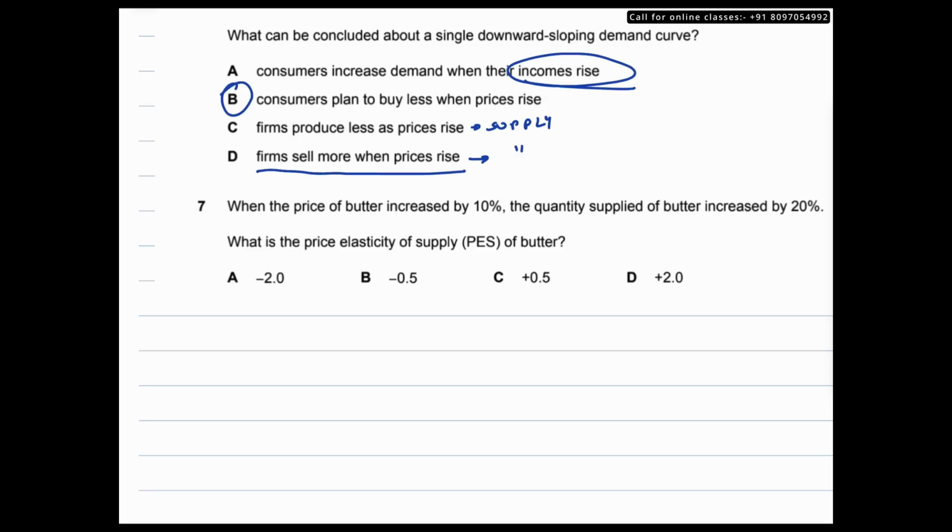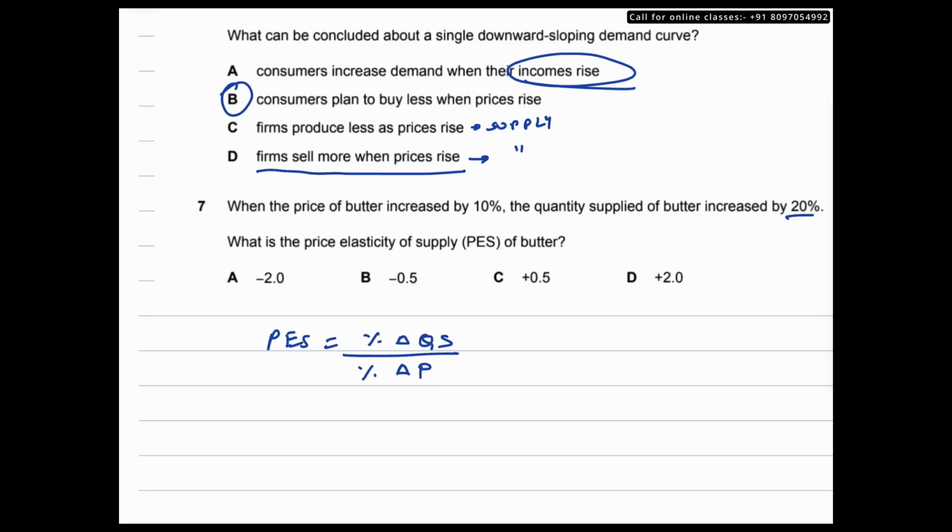So question number 7 reads, when the price of butter increased by 10%, the quantity supplied of butter increased by 20%. What is the price elasticity of butter? So if we understand and remember properly, the formula for PES is percentage change in quantity supplied over percentage change in price.